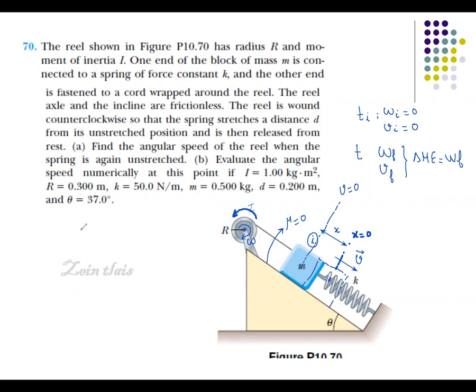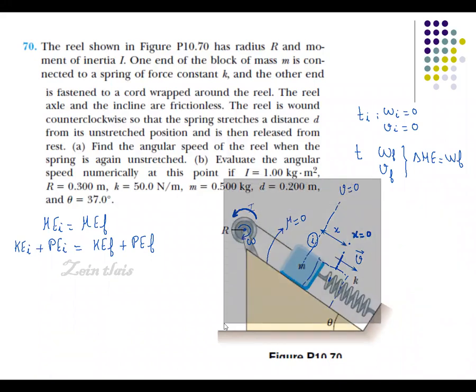In this case, mechanical energy initial equals to mechanical energy final. So the kinetic initial plus the potential initial equals to the kinetic final plus the potential final.